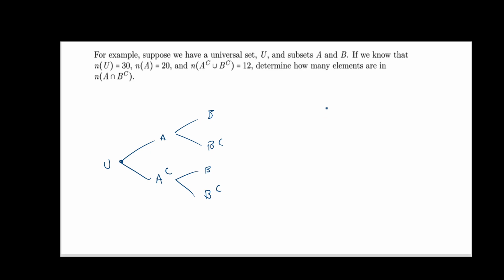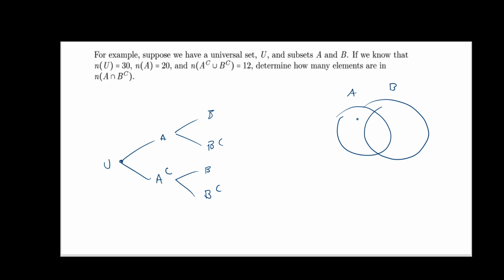This is only 2 sets, so it's kind of easy to just use the Venn diagrams, although I really prefer the trees. Even for small sets, I prefer the trees.